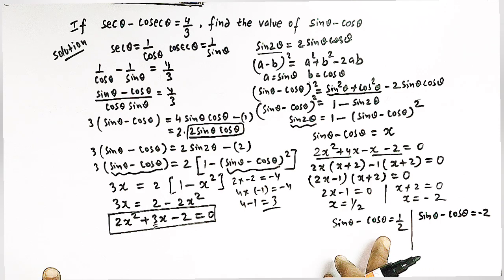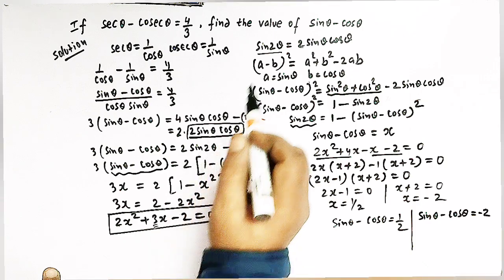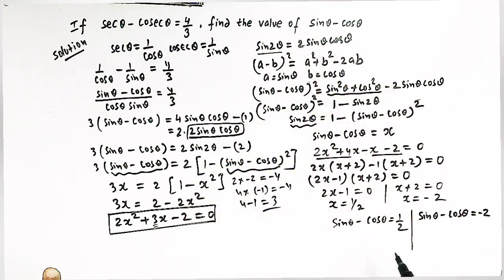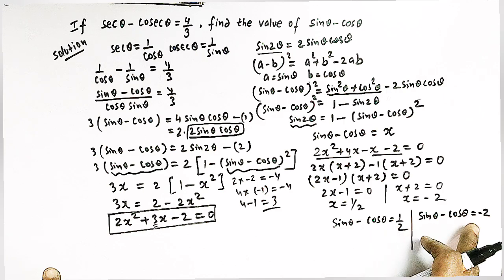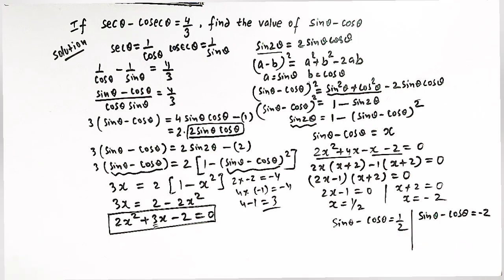So from these two expressions, we can see that the value of sine theta minus cos theta is either half or minus 2, right? But let us first verify the validity of these two expressions, right?